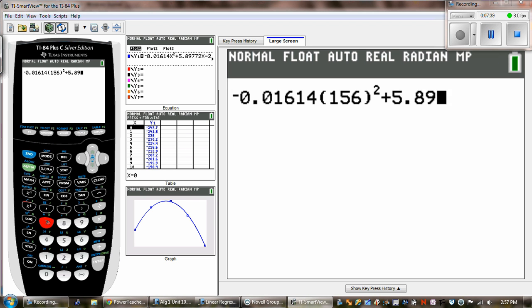Just making sure that I plug in every number exactly as it says.